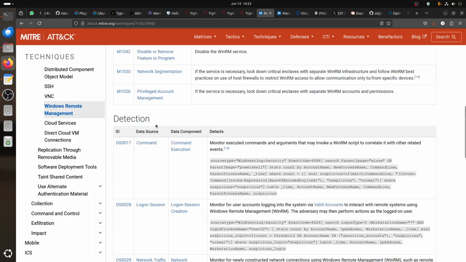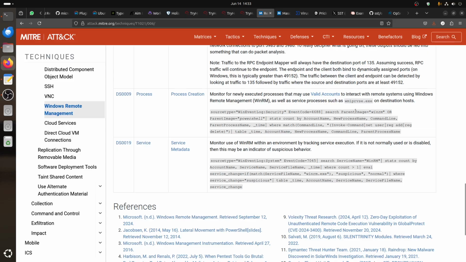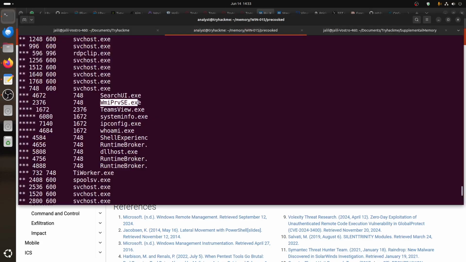And then if you look for the detection part of it, which you can see here: monitor for newly executed processes that may use valid accounts to interact with the remote system using Windows Remote Management, WinRM, as well as service processes such as WmiPrvSE.exe, and that's exactly what we have. So now the attacker used this.